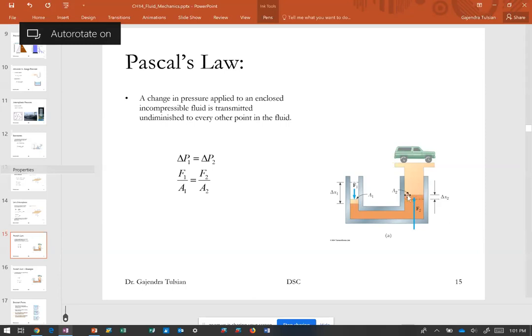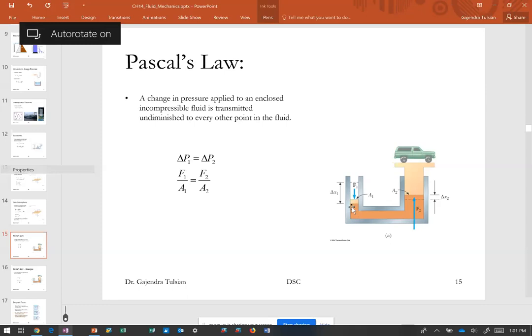Except that this area is much larger, so this force, F, since A2 is much larger, F2 has to be much larger. Okay, so that's the idea behind this hydraulic jack. You apply a small force here, you get a much higher force. So this is essentially a force magnifier.